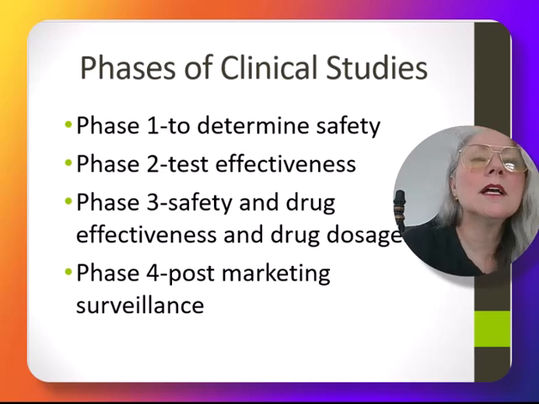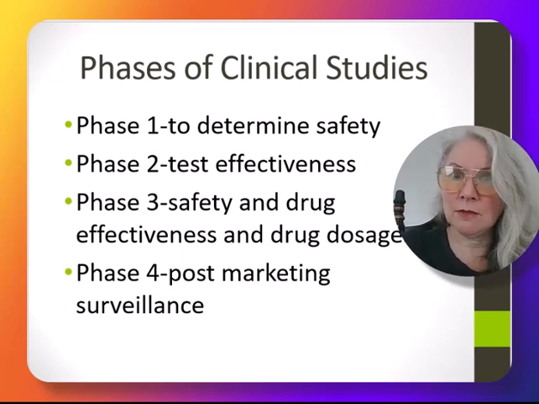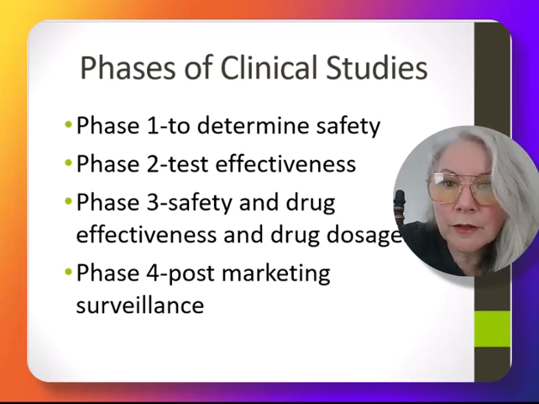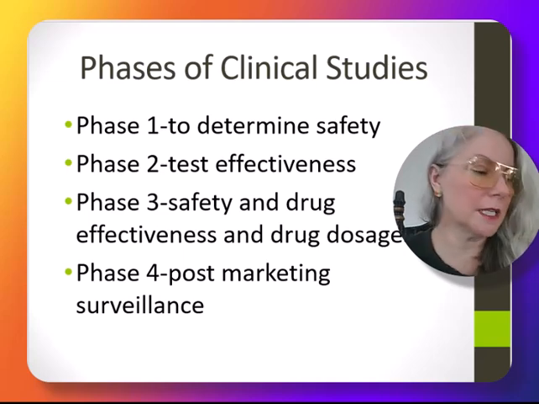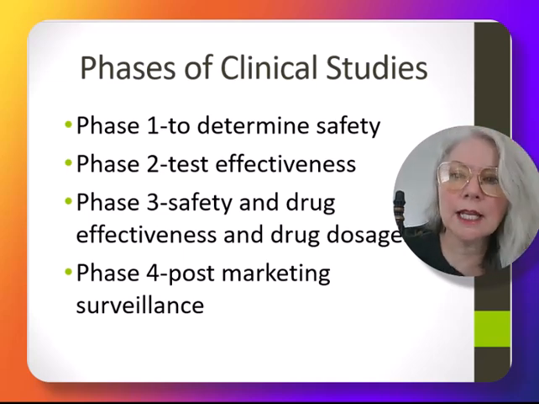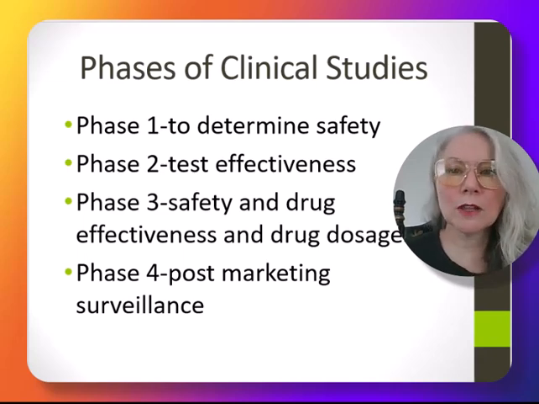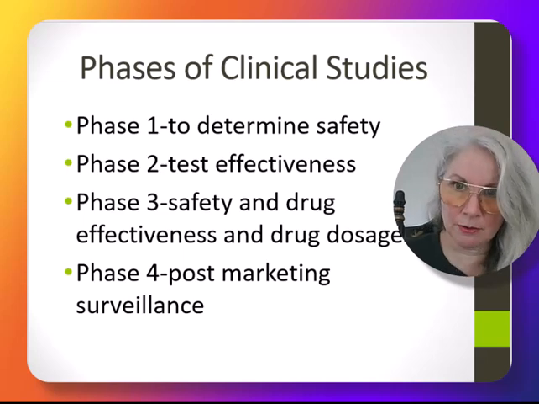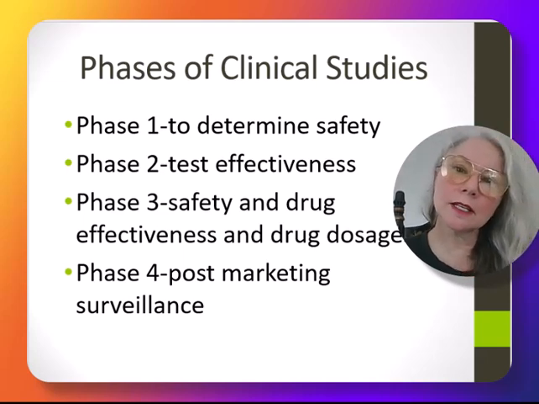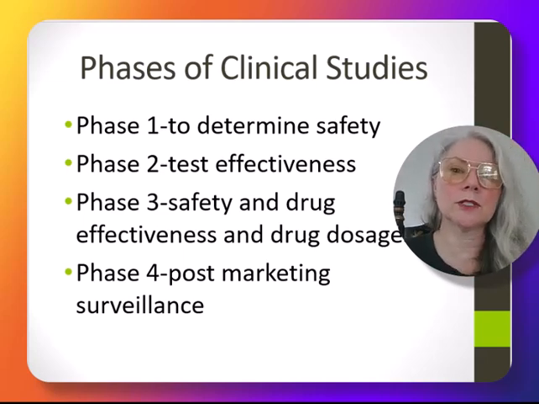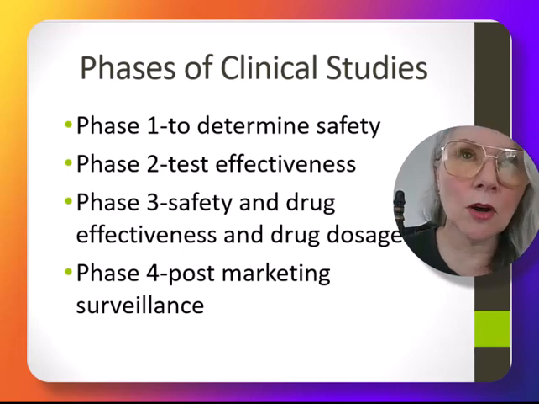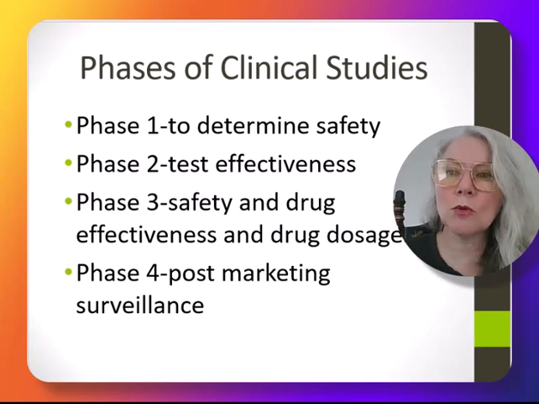So a signal is when all of a sudden you see in this small cohort of people, I'll take myself for an example, a middle-aged postmenopausal woman, all of a sudden cardiac arrests are happening with this drug. So that's a signal, uh-oh, what's going on here? Is there something with the age? Is there something with the gender? Is there something going on in just this small cohort of people?